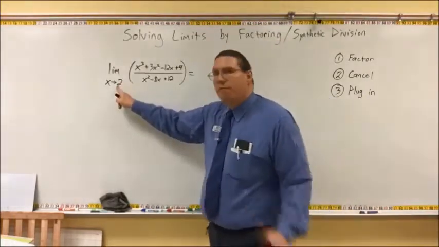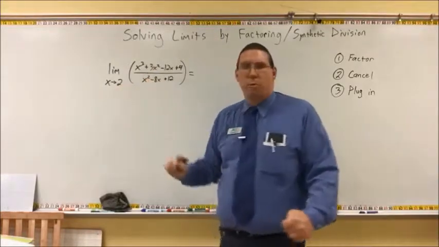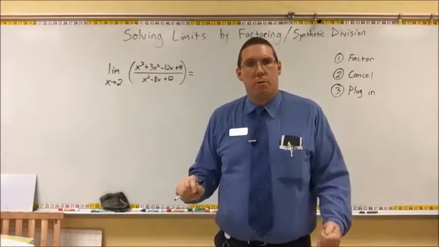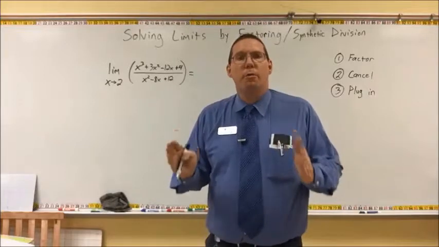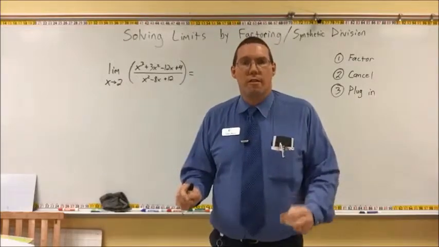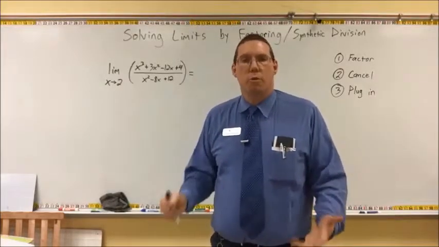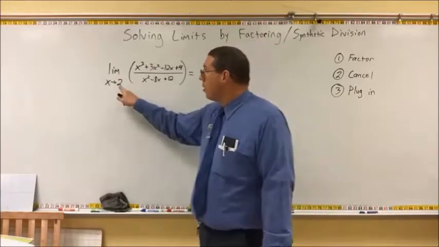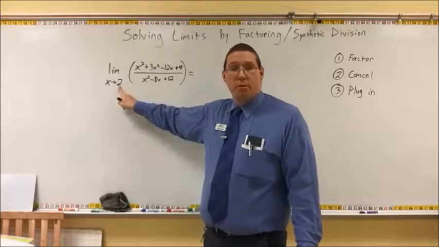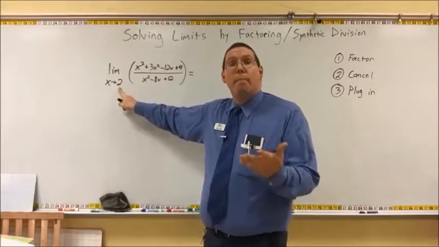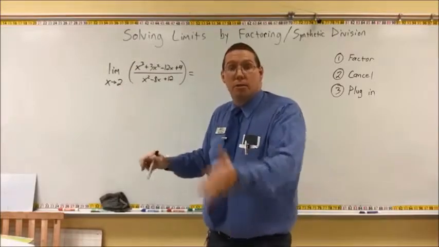If positive 2 is what's causing the numerator and the denominator to equal 0, then what binomial factor is causing the numerator and denominator to equal 0? Well, if the number that's making it equal 0 is 2, then it must be x minus 2.